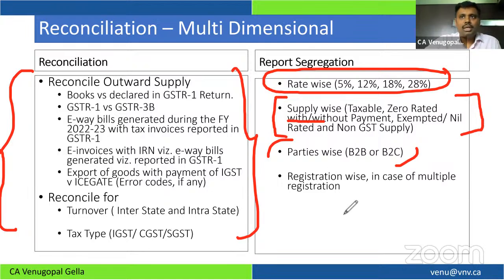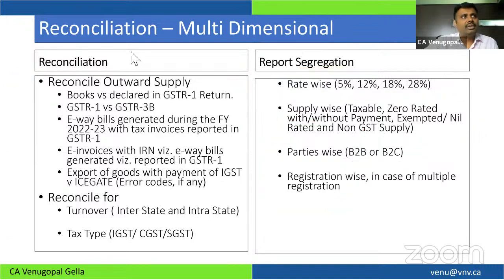Please note table 8 of the R1, where you also have to report exempt, nil and non-GST supplies. This has to be reported in table 8 of the R1. Again, people do not take a serious step for reconciling the reporting of exempt or non-GST supplies.